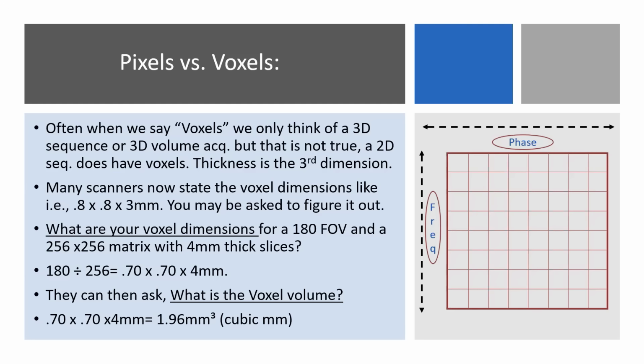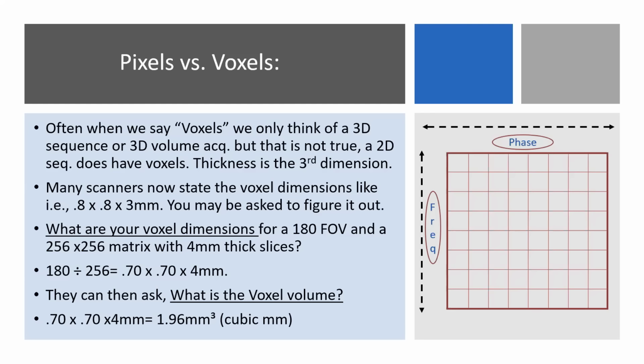Now you've got to do some math. So 180 divided by 256 comes out to 0.7. I already did that on my calculator when I was making up this slide. So your voxel dimensions would be 0.7 by 0.7 by 4. Pretty easy math, but you've got to know that these are probably coming at you. And I would suggest you maybe practice these a little bit.